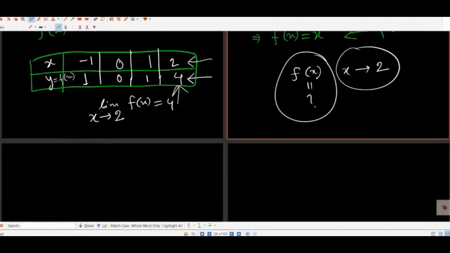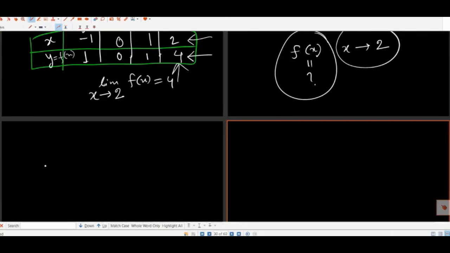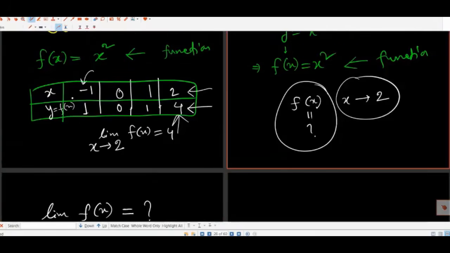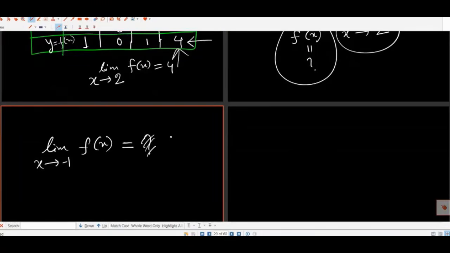Think about the same example for these values. We have the limit of f of x as x approaches -1. What is the value? Have a look at the table. The value is going to be 1.